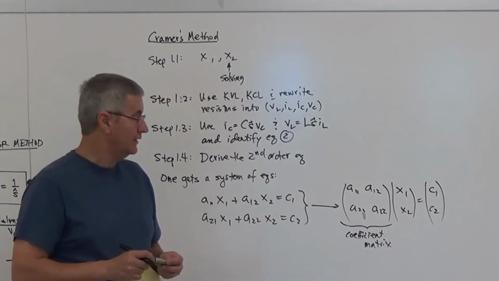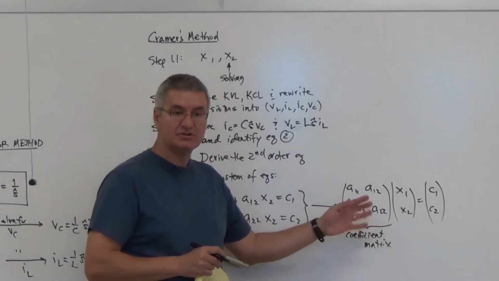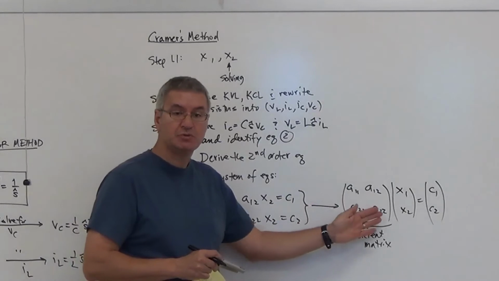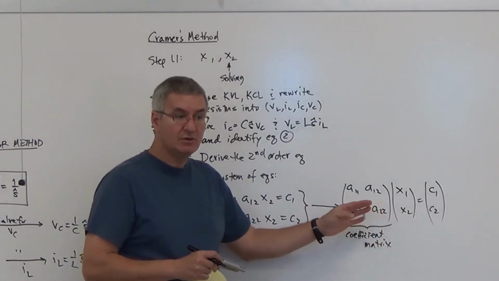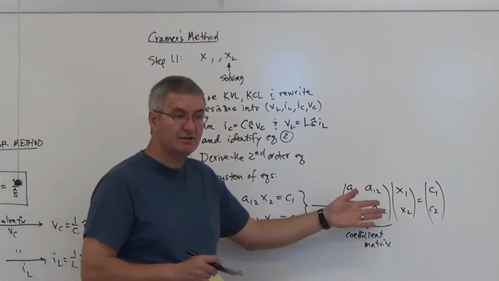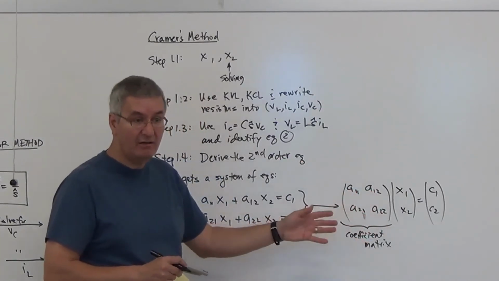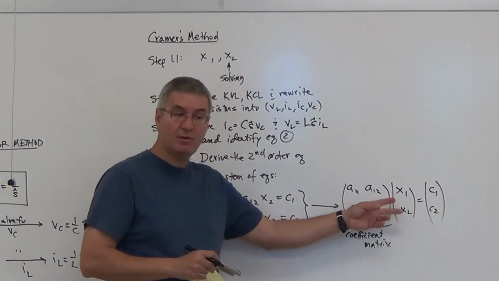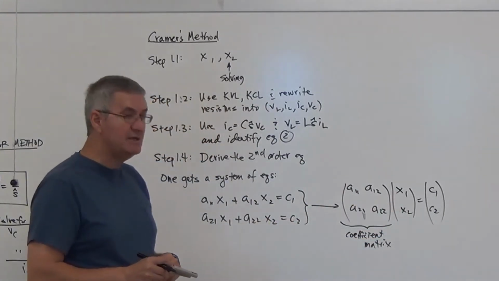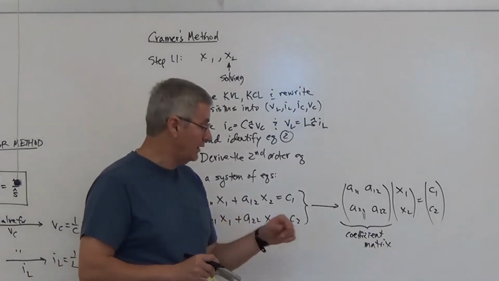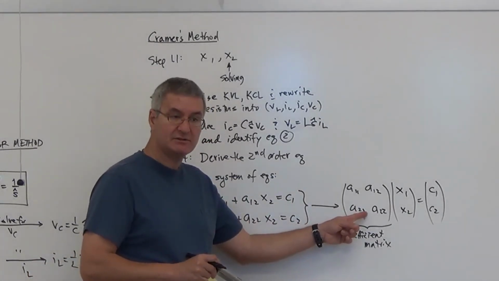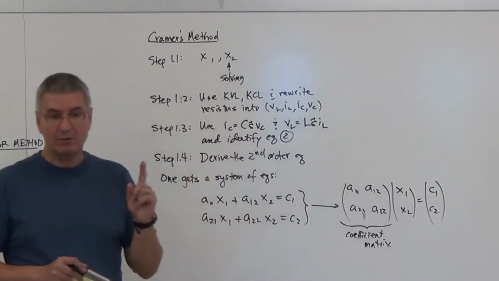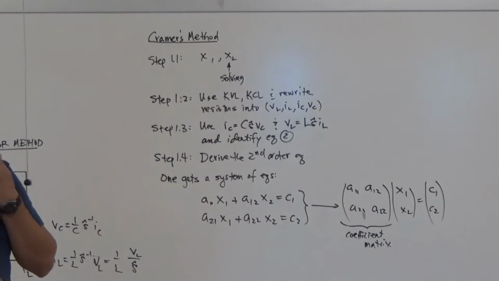You really don't care so much what this is right here, because now you choose what you want to solve for. Let's say you set up to solve for VC, but you realize you have to solve for IL. It doesn't matter. You get this matrix term that I could use to solve for either one of these two. But there's something really deep though. This coefficient matrix is the same for variables x1 and x2. Let me say that one more time, because I really want to stress the importance of this.